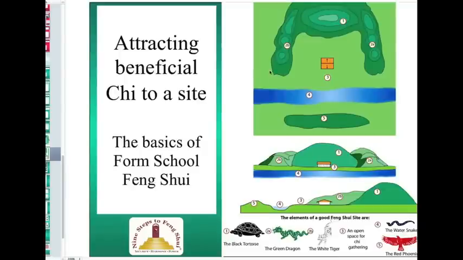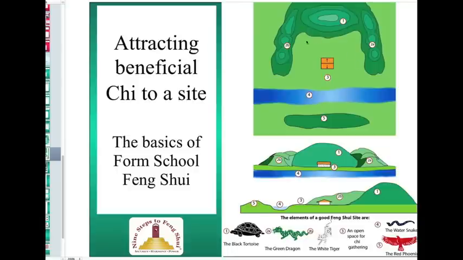So here you see a summary of all the elements of a good feng shui site. Number 1 shows you the protection at the back provided by the turtle, mountain, or hill range. 2A shows you the protection offered by the green dragon hill range, which is a little bit higher than 2B, which is the tiger, the crouching tiger hill range on the west for the northern hemisphere.